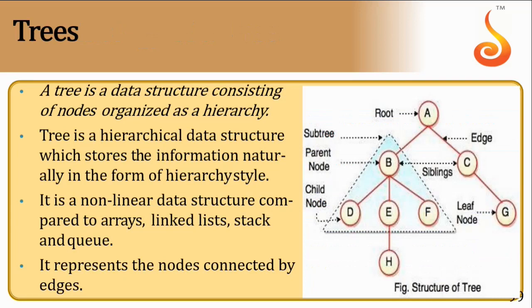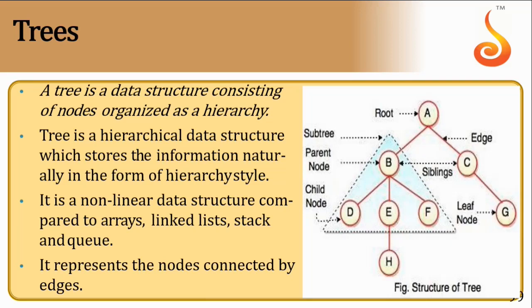Root, then parent node, child node, leaf node, siblings. All these are different terminologies used in a tree. You can have a subtree on both sides of the root node. So a tree is a set of nodes storing elements such that the nodes have a parent-child relationship.